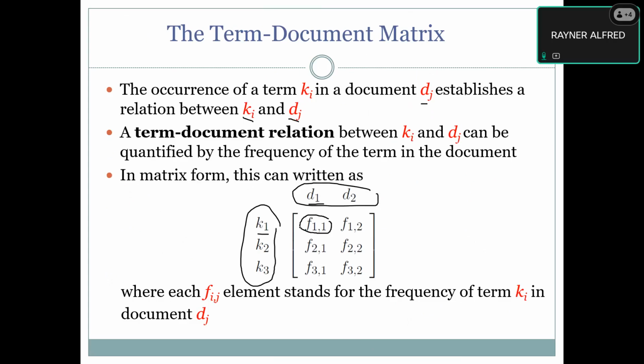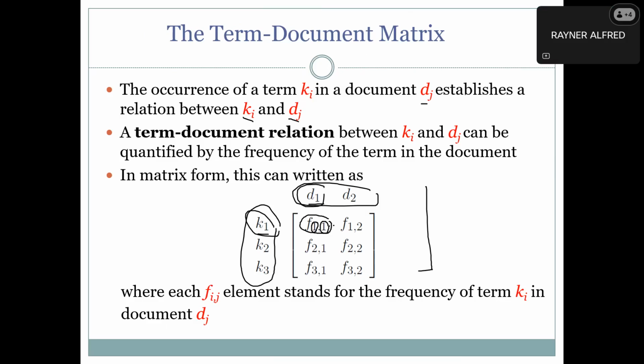It could be binary or any other number. This is what we call the term document relation. It is in matrix form, where each element stands for the frequency of keyword i in document j, so keyword 1 in document 1.